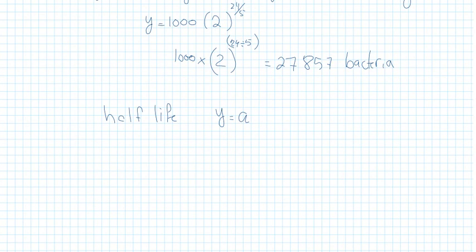A half. 1 over 2. And then my exponent is x over h, because we call it h to represent half-life time. Okay? So this is the same formula, except instead of doubling, I have half-life. The h here represents the half-life time.